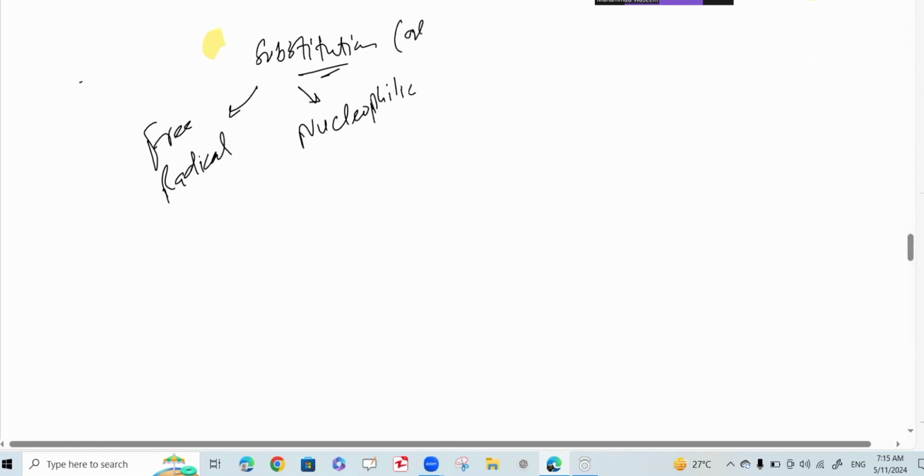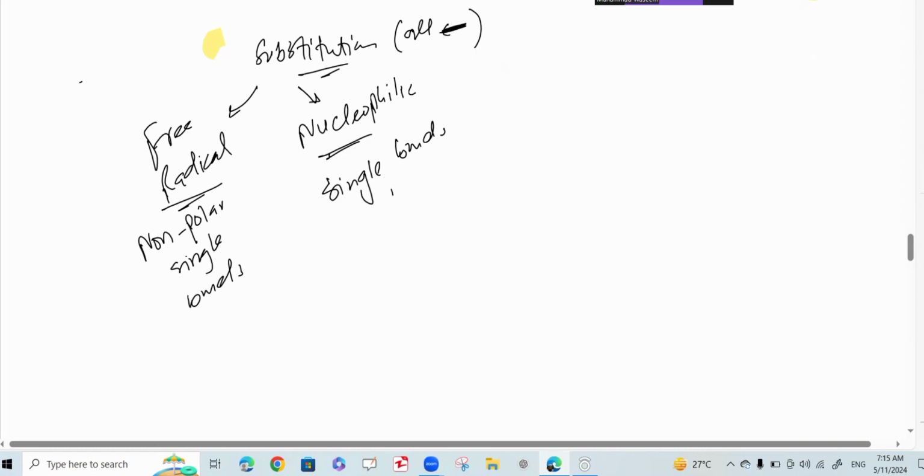When there are all single bonds, carbon to carbon or other elements, and there is no pi bond, and when the single bonds are non-polar, it shows the free radical substitution reaction, and when the single bonds are polar, then it shows the nucleophilic substitution reaction.